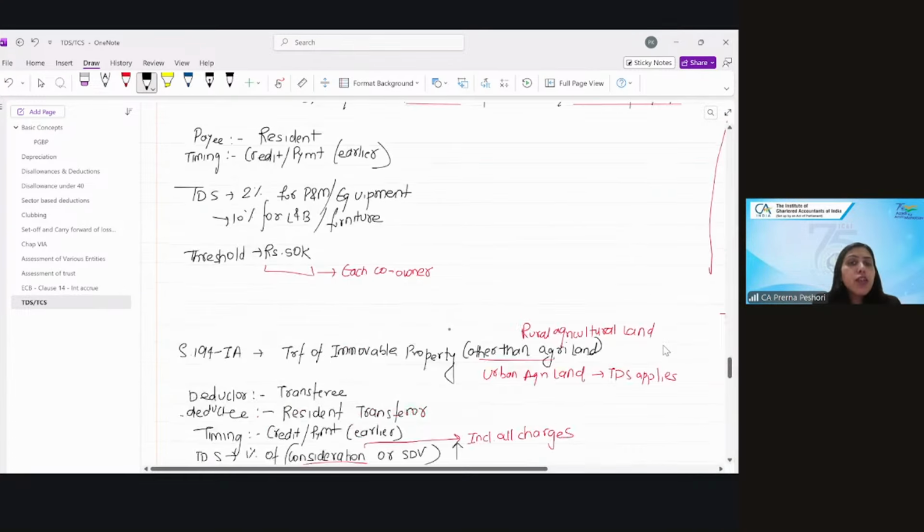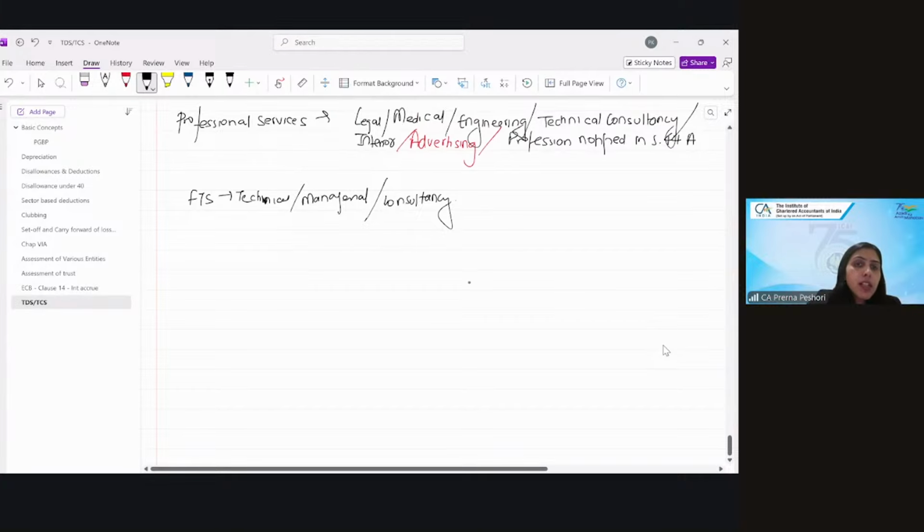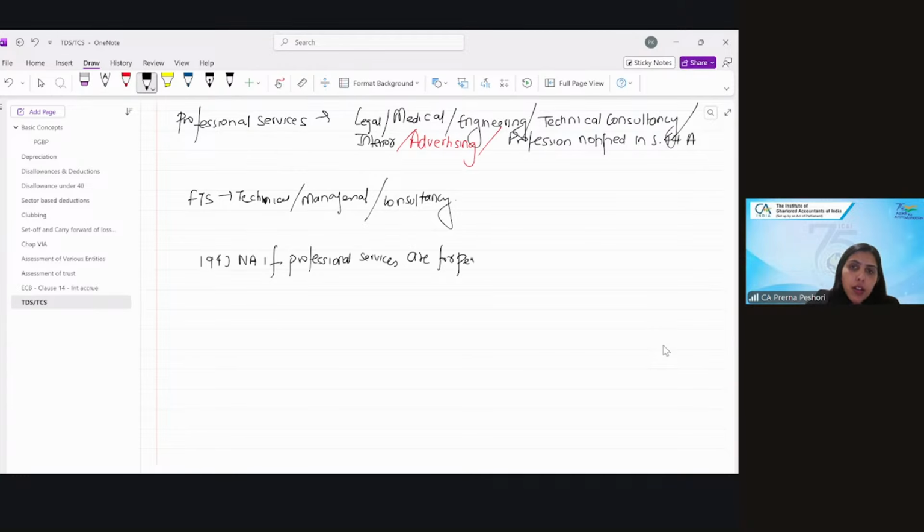Similarly, in case of professional services, 194J will not be applicable if professional services are for personal use.